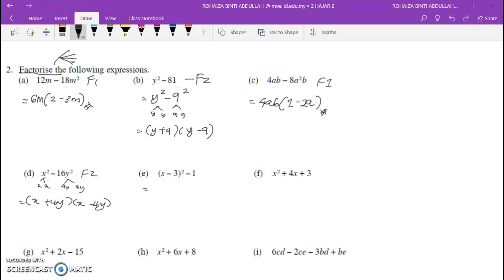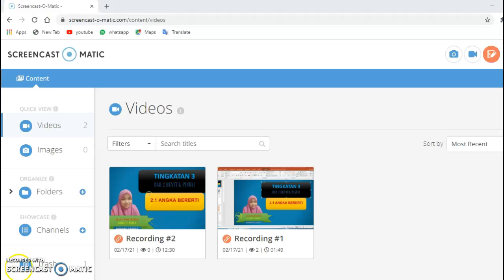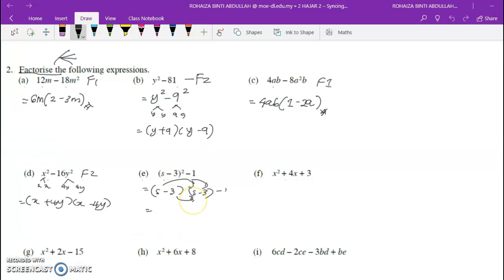Okay, E. S minus 3 square. Okay, now open another one. S minus 3 and then s minus 3.